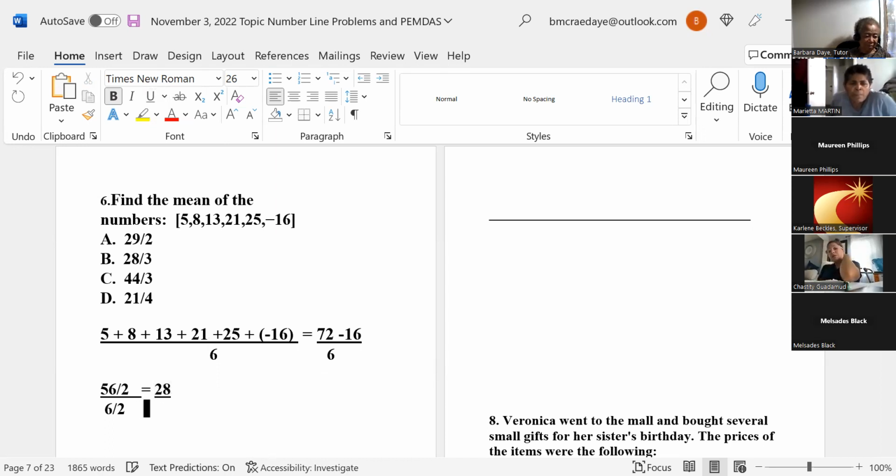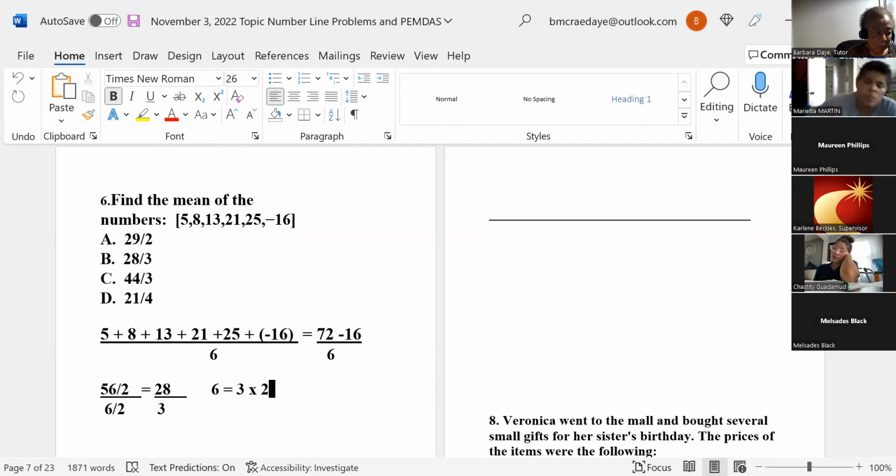I would never think about this. Start with the 6 and think of your multiples of 6. 6 equals 3 times 2. When you say numbers to me, I do it.